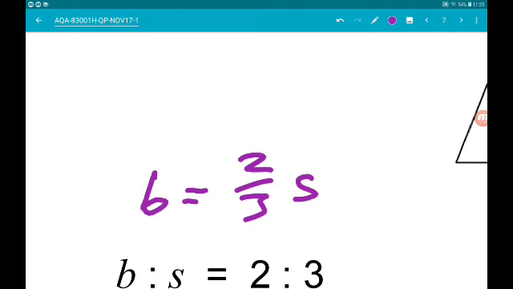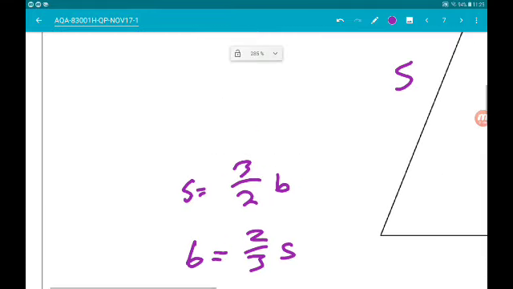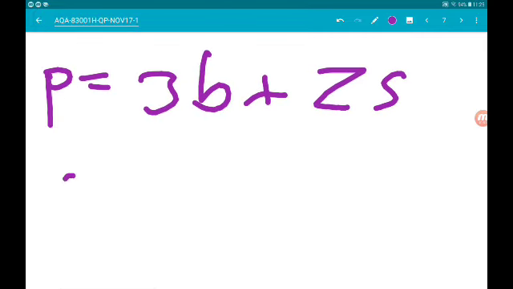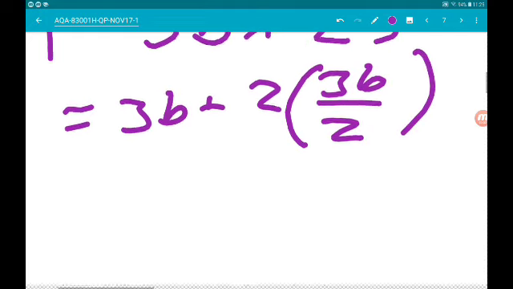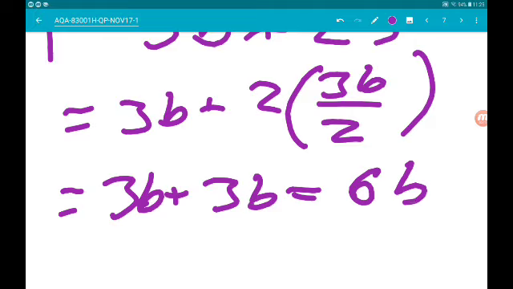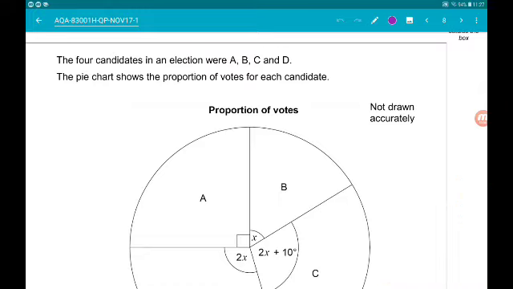So we could say that s is 3/2 of b. So now we're going to substitute that into this. So we get 3b add 2 lots of 3b over 2. Now the 2's cancel out, so we get 3b add 3b, which gives us 6b. Cool. Okay, question 11. So we got a 4 marker here.